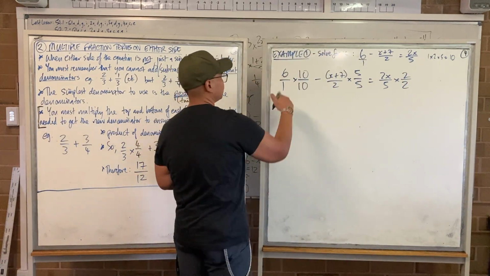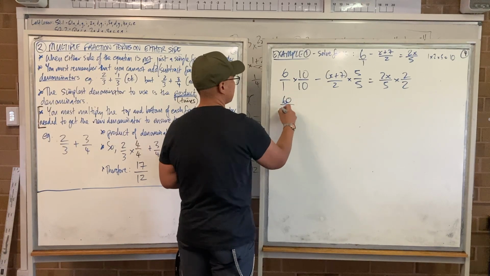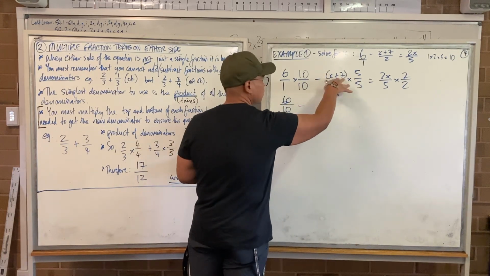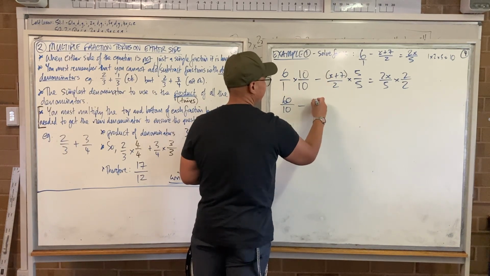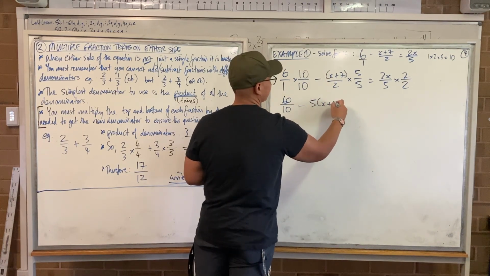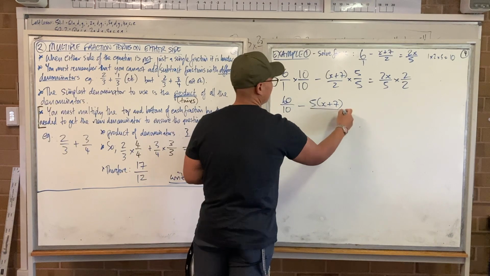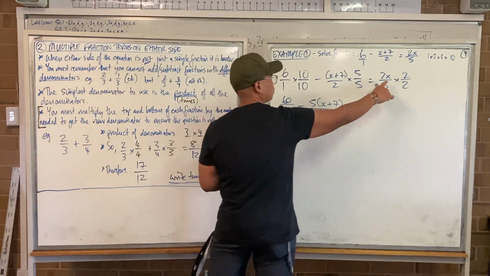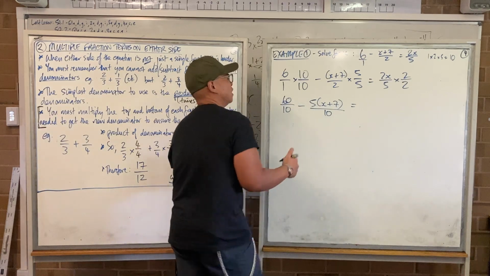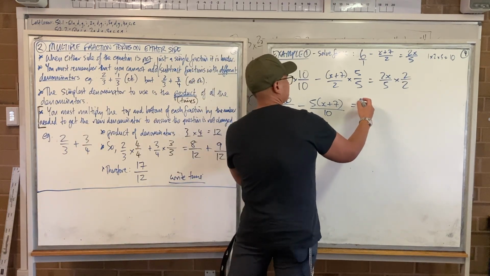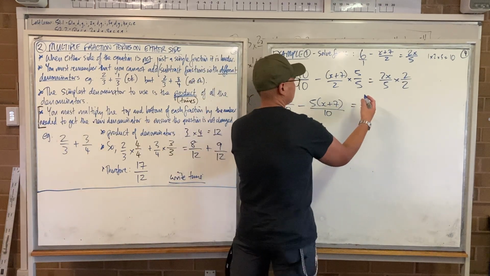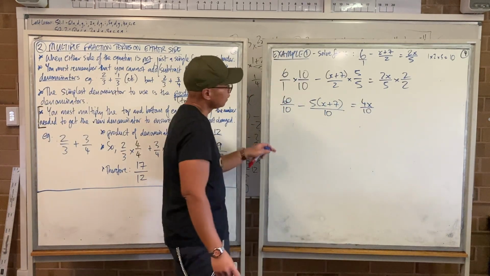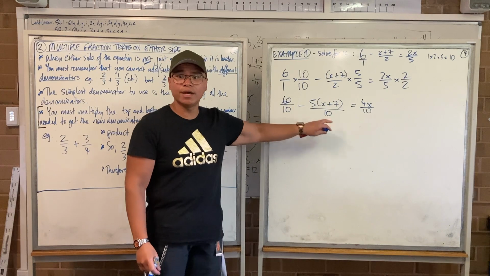What's 6 times 10? 60 over 10. Negative, I'm not going to actually work this out. I'm just going to put the 5 in front of the brackets to show that I want to multiply it by 5. Over, what's 2 times 5? 10. Equals, what's 2x times 2? 4x over 10. Are the denominators all the same now?